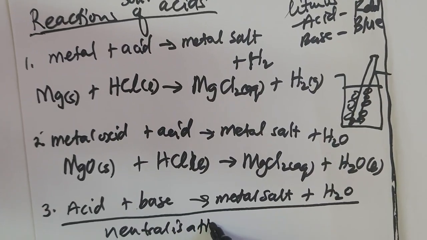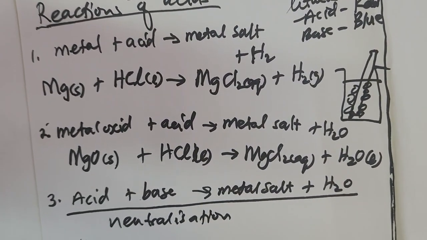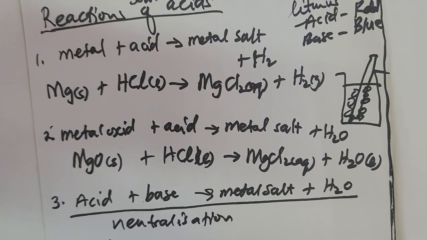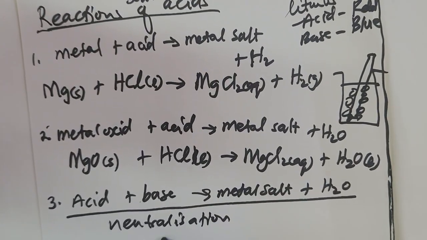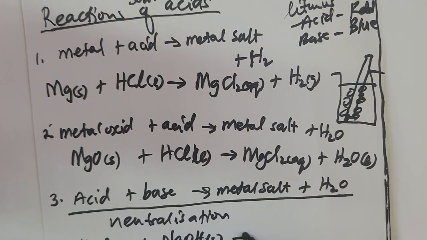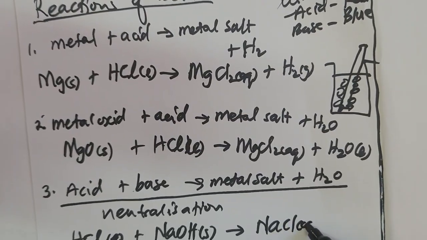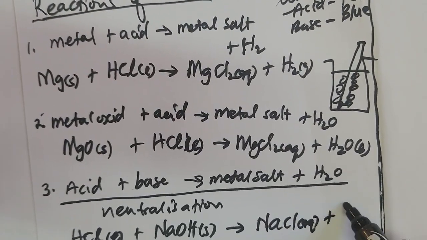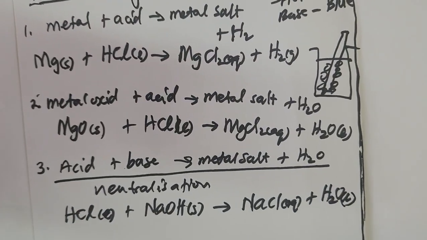They can ask you the name of it. An example is HCl solution and sodium hydroxide solid: if they react, they form sodium chloride solution plus water, a liquid. That is the most important one.